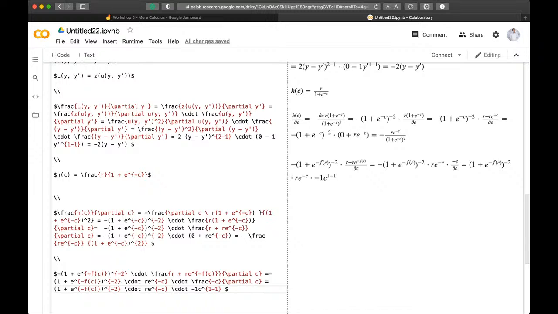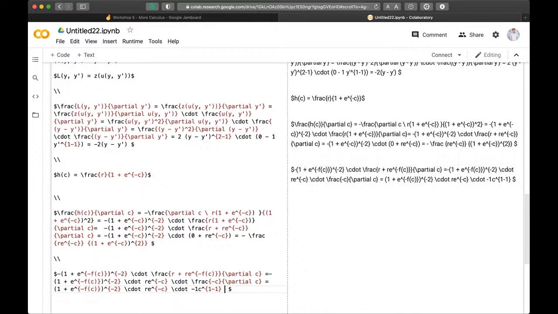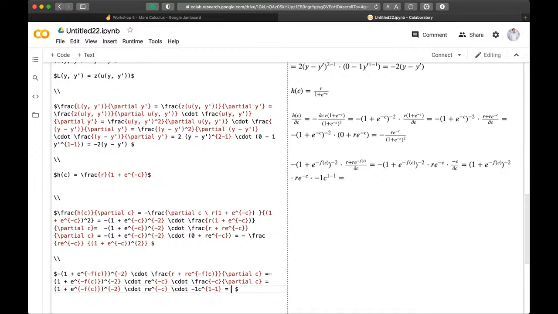If we take into account that C is not just a variable but a function, and if it's a function, we need to take into account the chain rule because there is a minus sign. If there would not be a minus sign, we would also use the chain rule, but then we don't care about that problem of the minus sign.